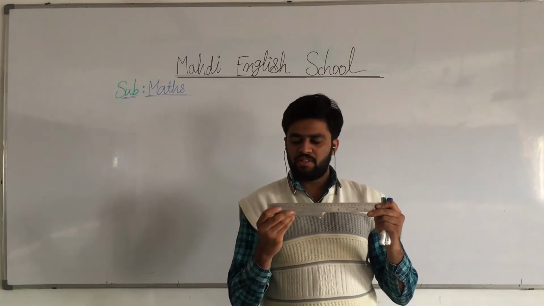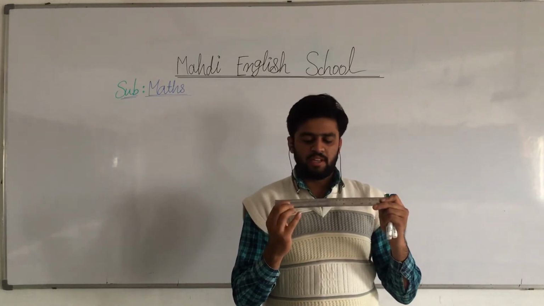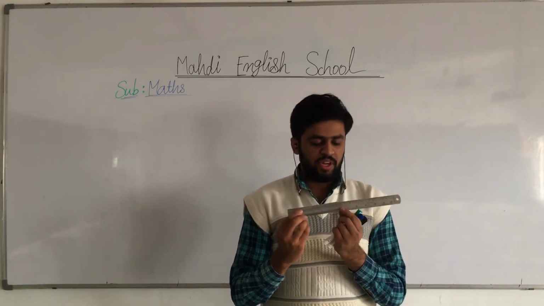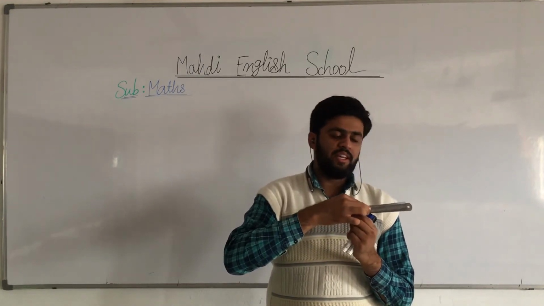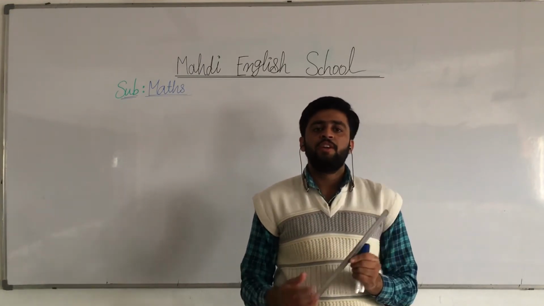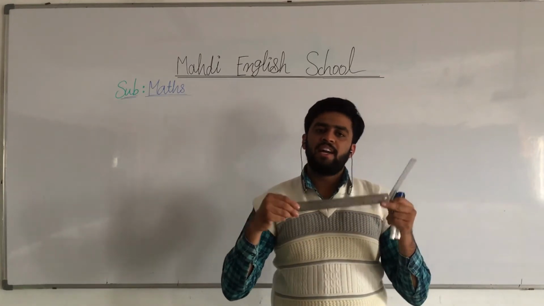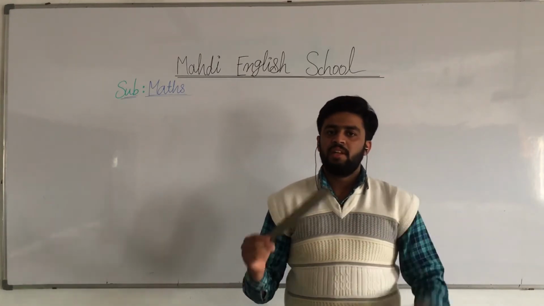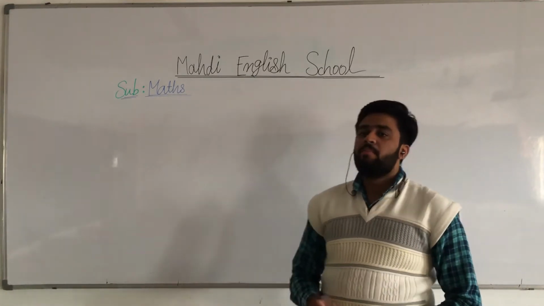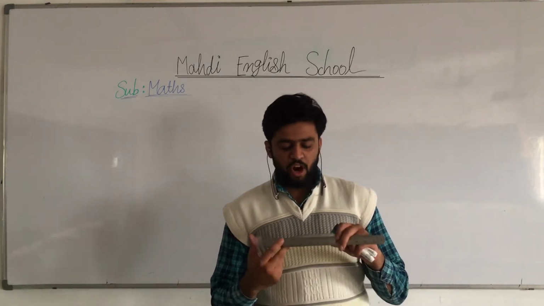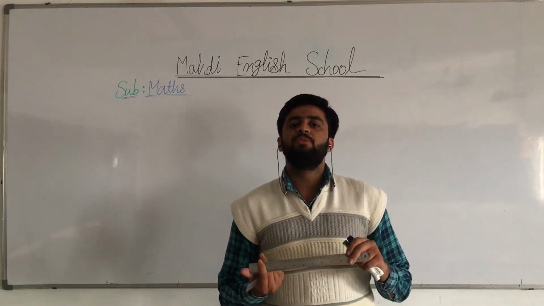This is half of the big scale. One scale is metal, the large scale is plastic, and this one is a steel scale. But here we don't compare the material, we only observe the digits and uses.